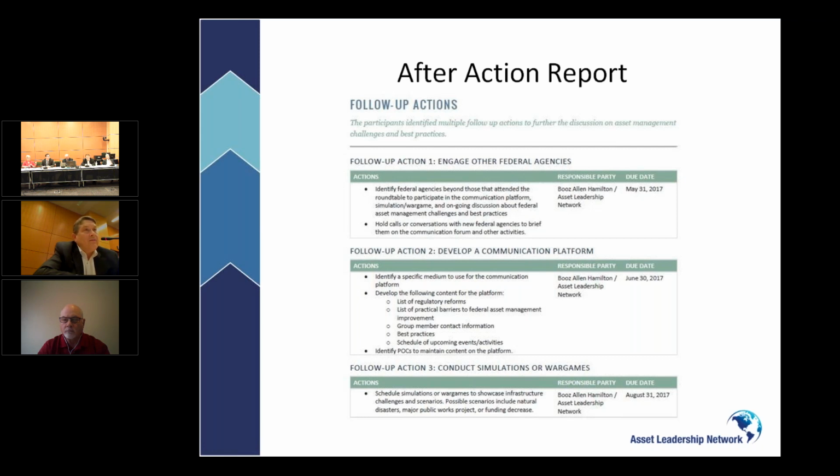We thought about, if there was a natural disaster, how might we respond, or just given the ability to look at each other's assets, some of the questions around future BRAC or civil BRAC, or how we share facilities, those kinds of things were teed up as some focus areas for conducting a simulation or war game. So that's something that's going to be scheduled probably for the fall. We have August there, but I think we're going to wait a little bit further into the fall, but that will be defined here fairly soon.